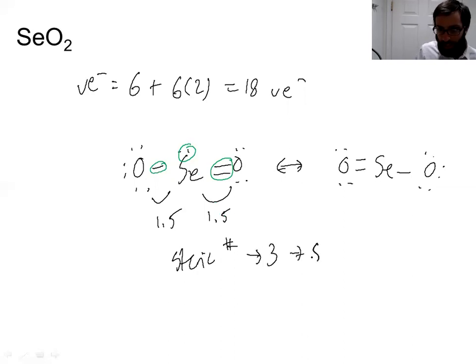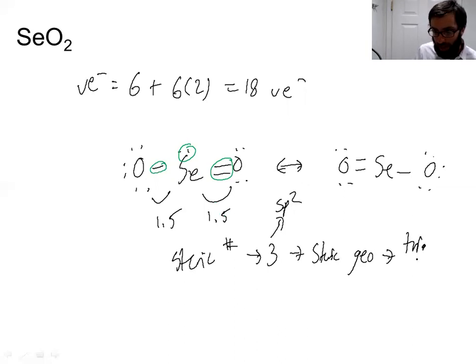By the way, that gets us sp2 for the hybridization, 3 orbitals. Steric geometry is therefore trigonal planar. 3 points. Best way to put them farthest apart from one another is to put them in a triangle. Just a normal triangle.